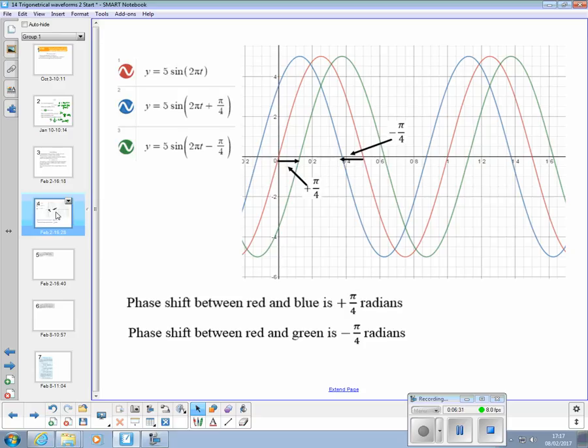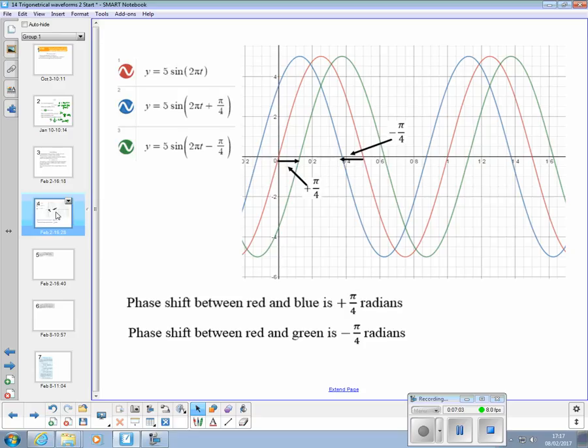So the blue waveform, this one, has a leading phase shift. And students get confused with this. They think positive. It's ahead of it. Yeah.